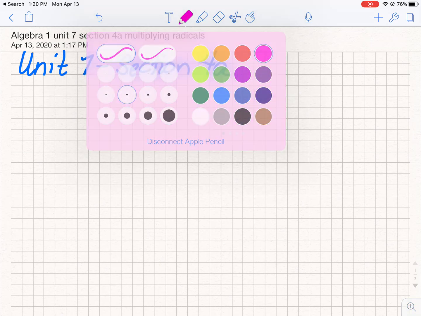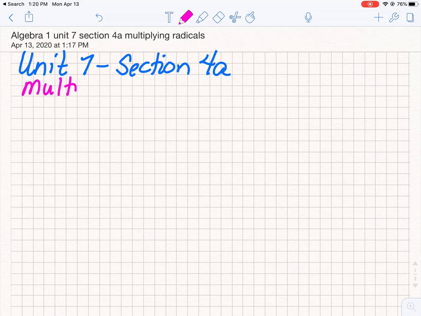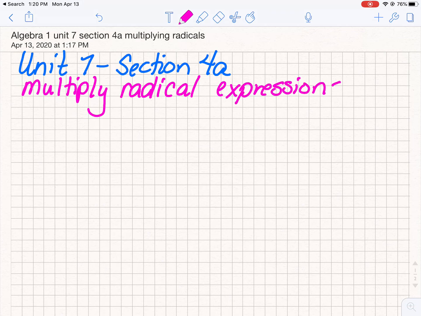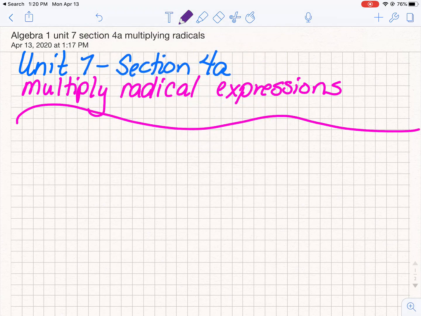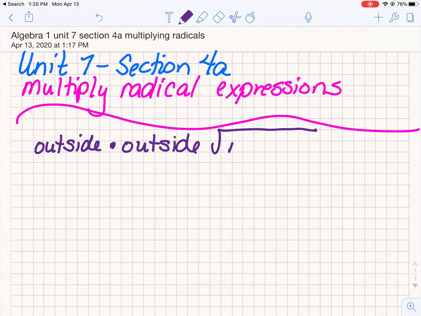Let's name it that, multiply radical expressions. Okay, the big key here to remember is that you're always going to do the outside of the radical, the number on the outside times whatever's on the outside, inside times inside, and then you always have to simplify.